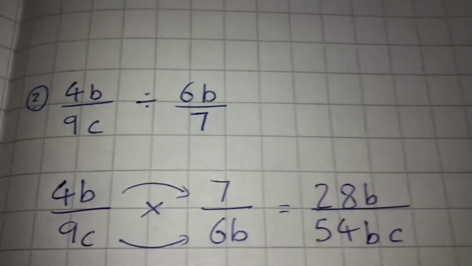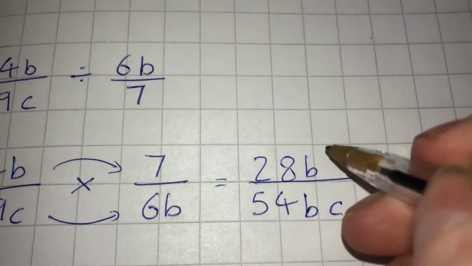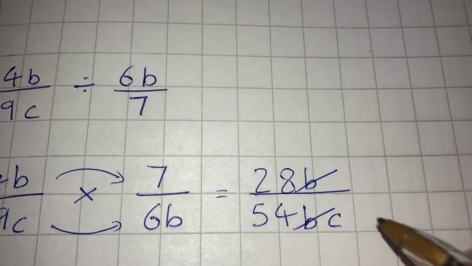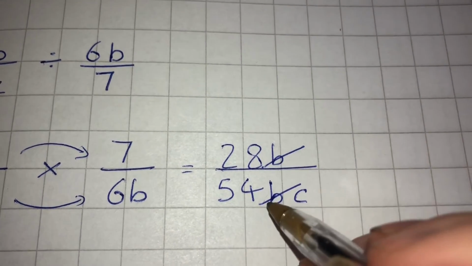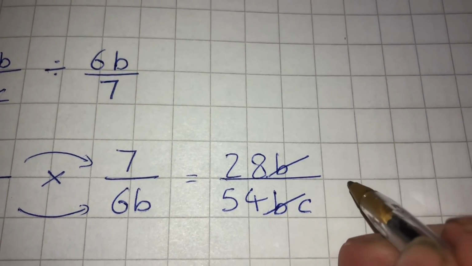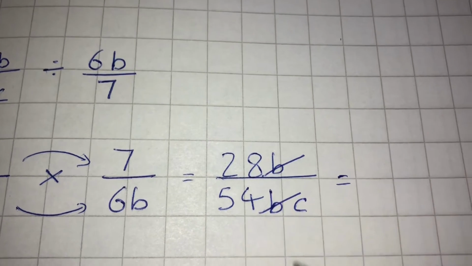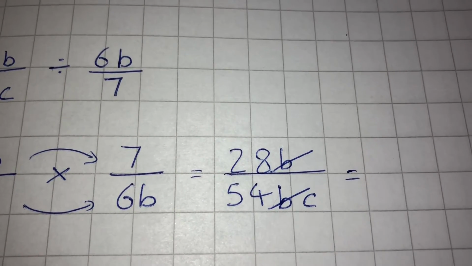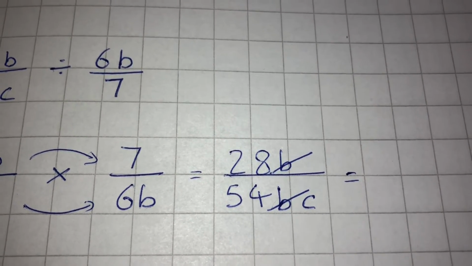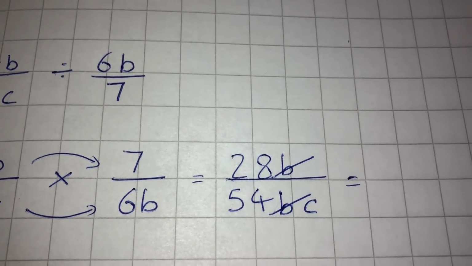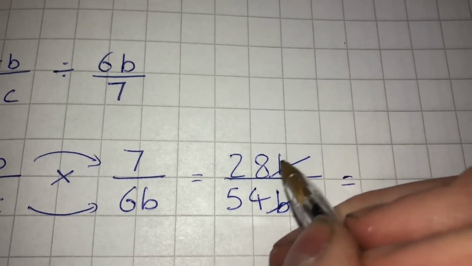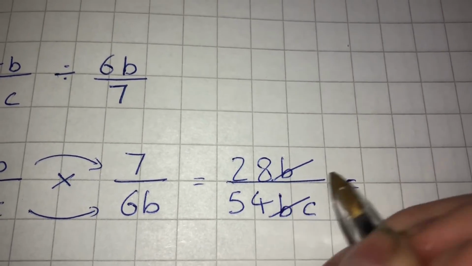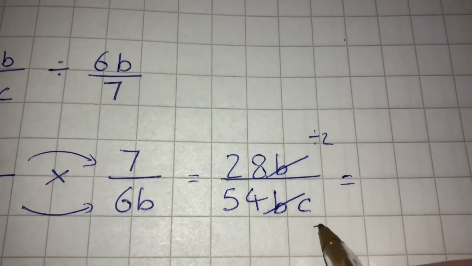Okay, so the first thing I can do, because I've got a b top and bottom, I can cancel those out, because b divided by b is 1, so they cancel each other out. Now, if I look at the 28 and the 54, I can definitely simplify them by finding a common factor. If you can't spot the largest one right away, you can use your calculator for these if you want. I can certainly spot the top and bottom will divide by 2.